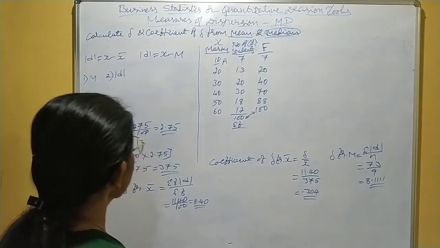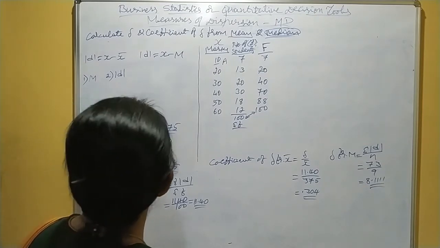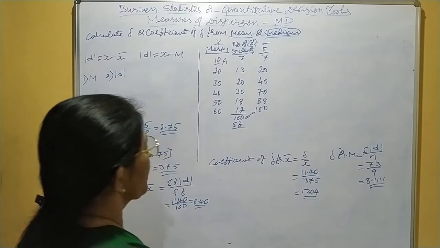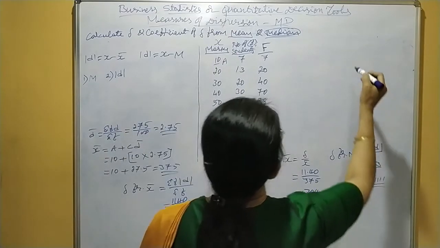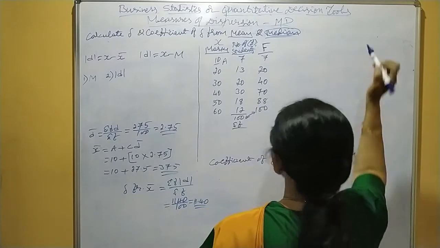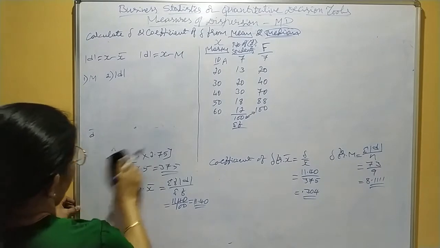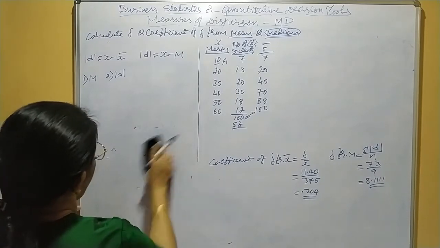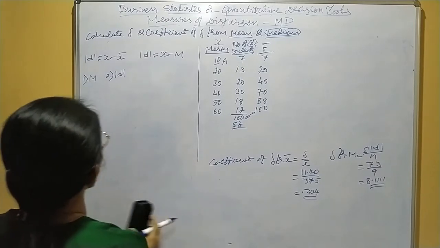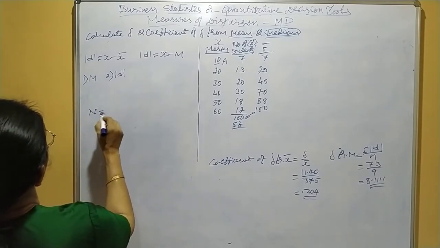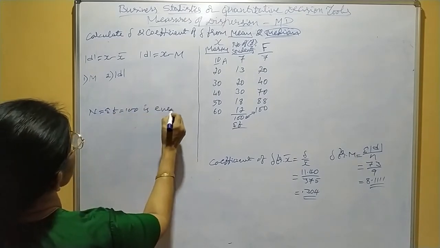Now, what you have to do? Next step, you have to find out m. N equals sigma f equals 100, which is even.